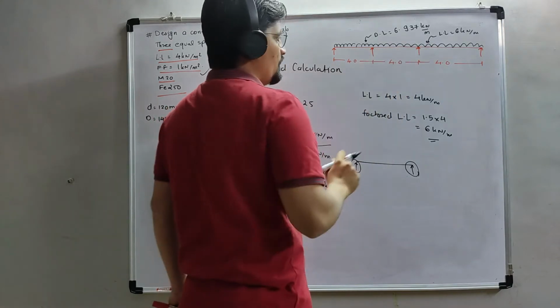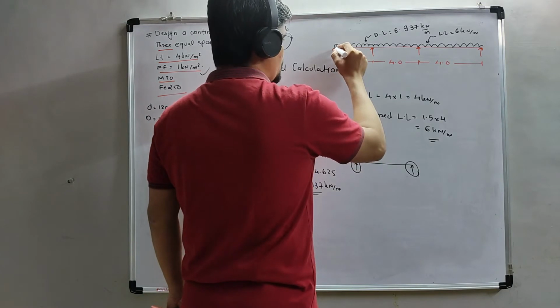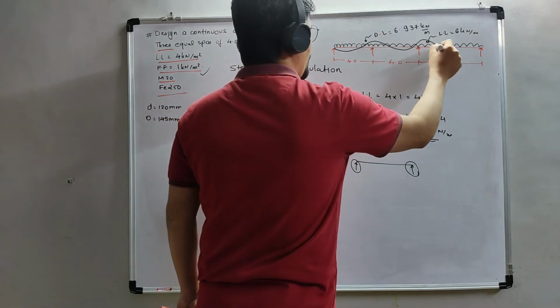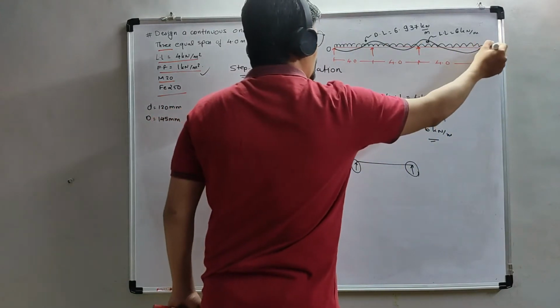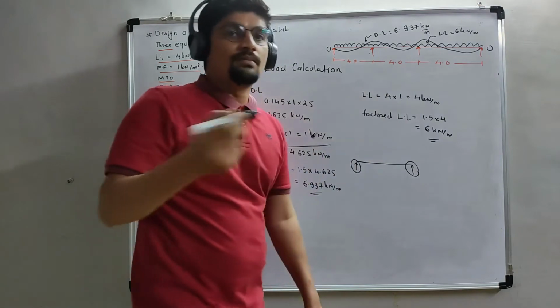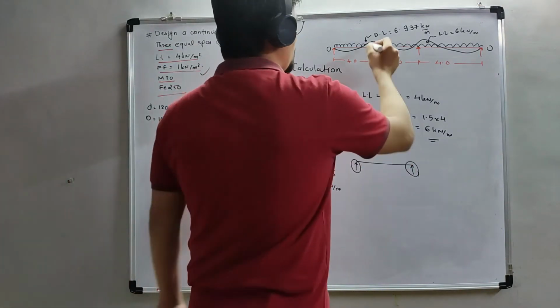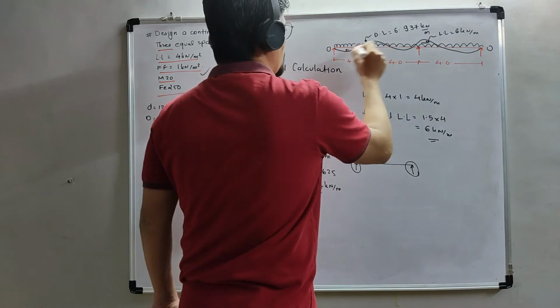So the diagram of this will be like this. Bending moment diagram. At the end support it is 0, but at the interior support there will be some upward moment. It is also known as hogging moment. It is in minus, and this one will be in plus.